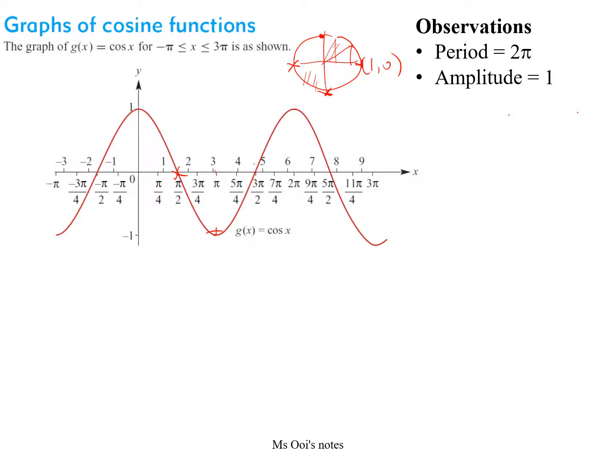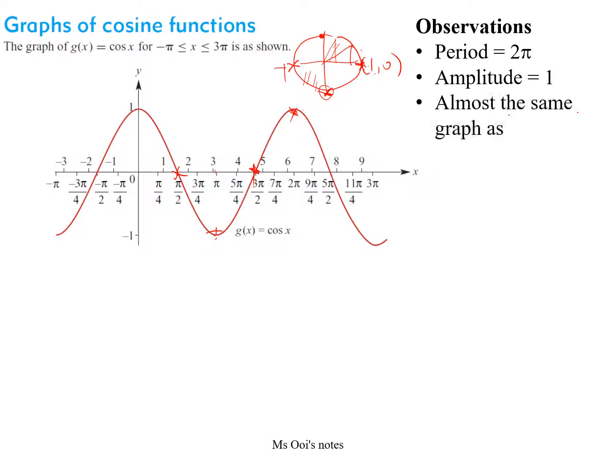At 2 pi, what's the x value? It is back to 1. So we start from 1, we go to 0, and then to -1, and then 0, and then it goes back to 1 here.